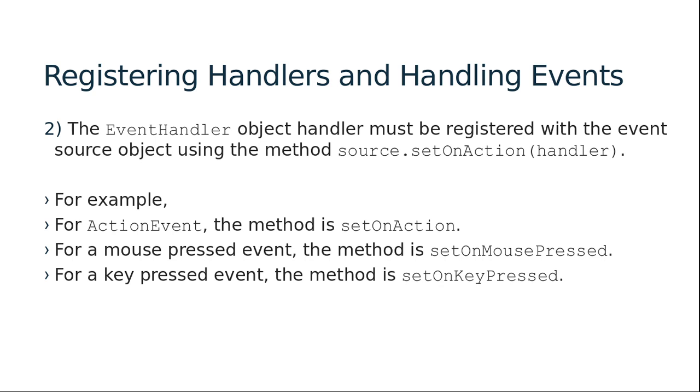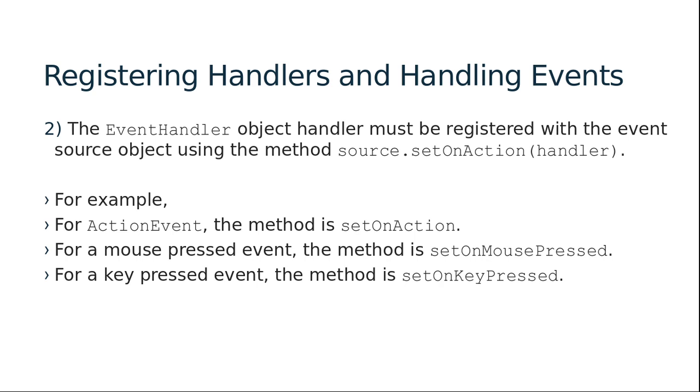set on action. These are the methods that we have seen just a few seconds ago. Set on action, set on mouse over, set on mouse click, set on key pressed, and so on. And in that method we pass our handler object. This handler can be of action event.